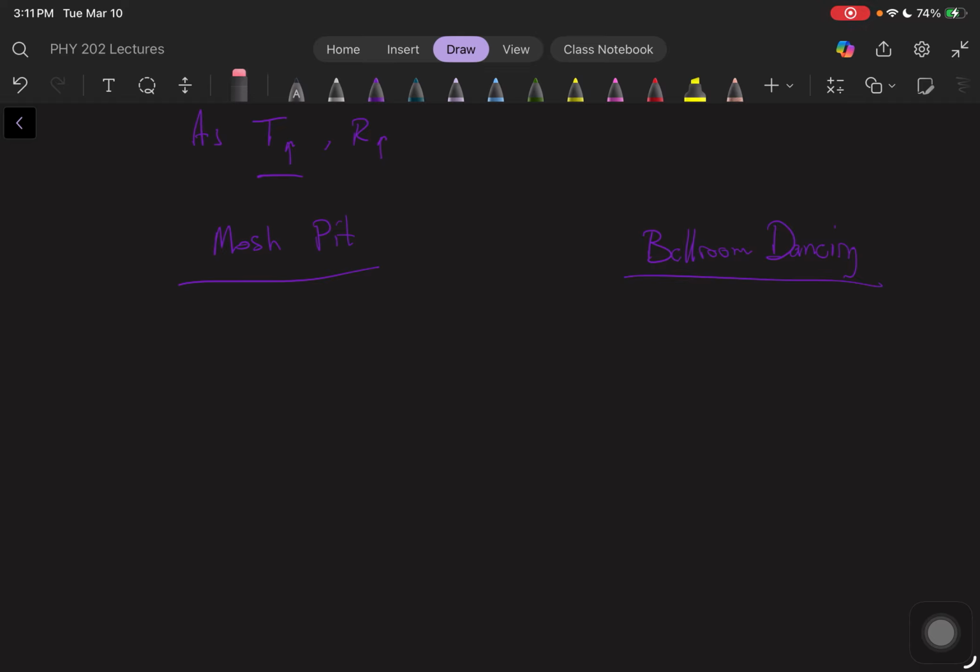But let's say the positive nuclei in the material are the moshers or the ballroom dancers. In a mosh pit, they're all slamming around, bouncing into each other, doing all sorts of crazy things. In ballroom dancing, they're just kind of swaying back and forward.